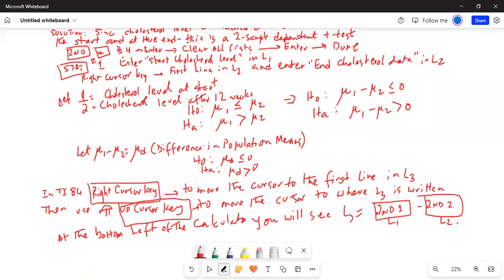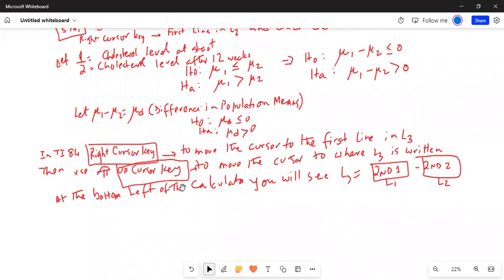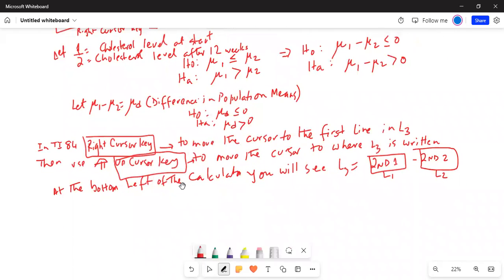Okay. So second one minus second two, and hit enter. So your L3 is now filled with L1 minus L2.